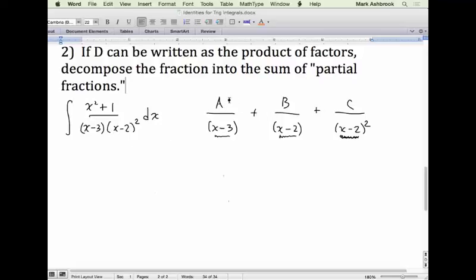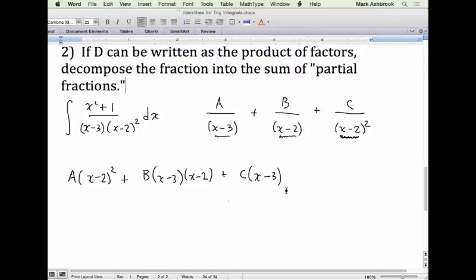What do I need to multiply top and bottom by in this first fraction to have my common denominator? x minus 2 squared. And then what about B? You need an x minus 3 and another x minus 2. And then C? So now we're adding.